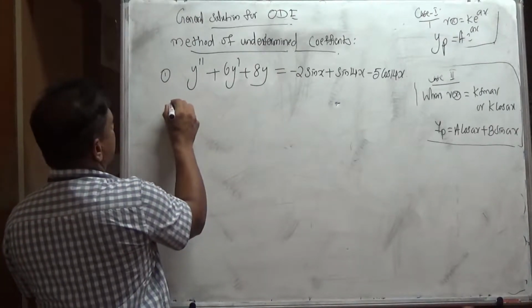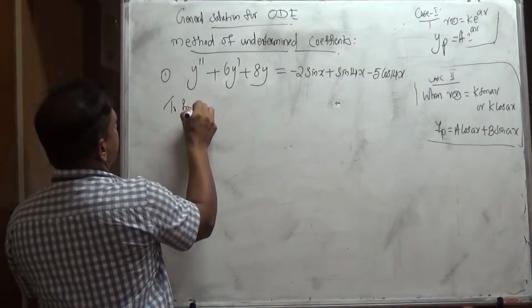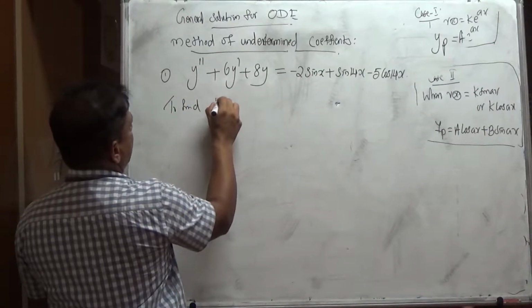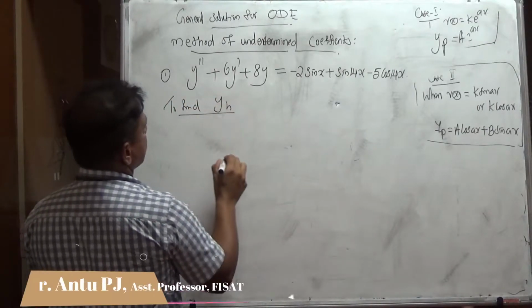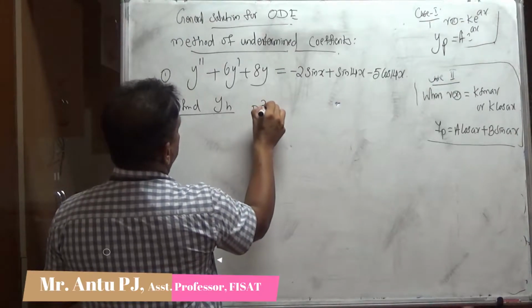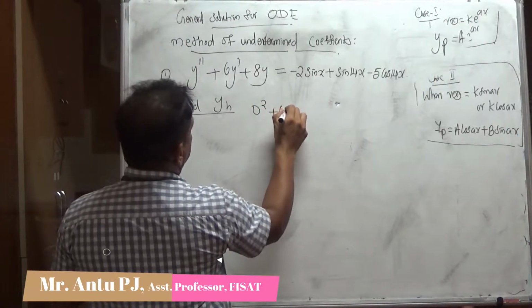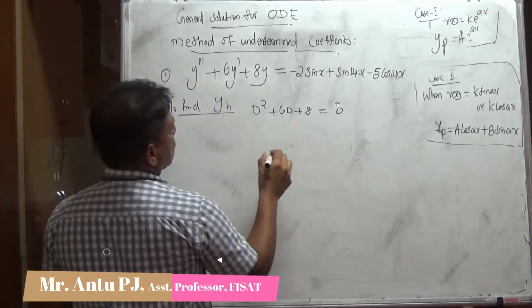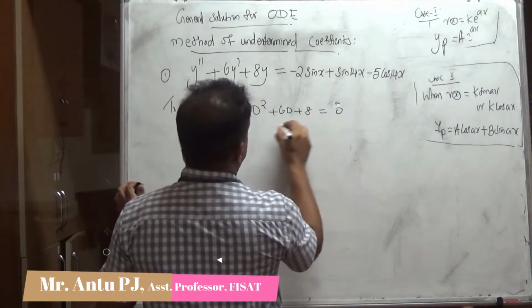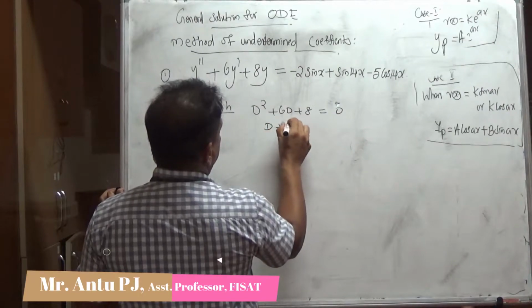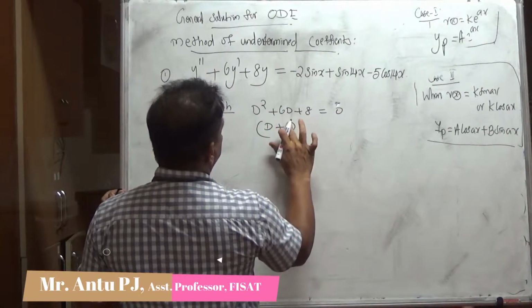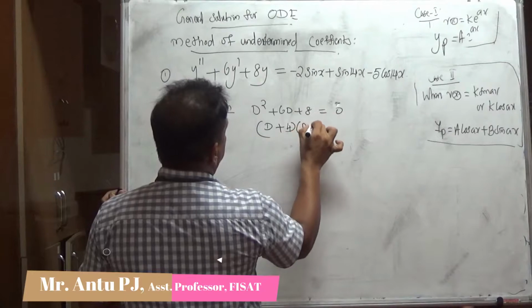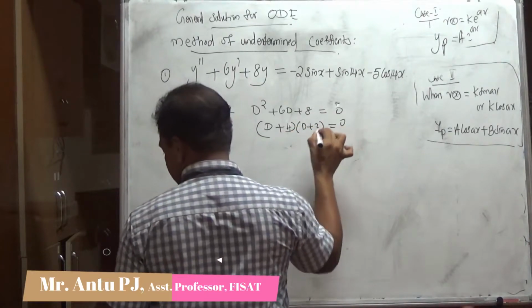For that, the first step is to find the complementary function, to find yh. Therefore, D squared plus 6D plus 8 is equal to 0. Therefore, (D plus 4)(D plus 2) is equal to 0.